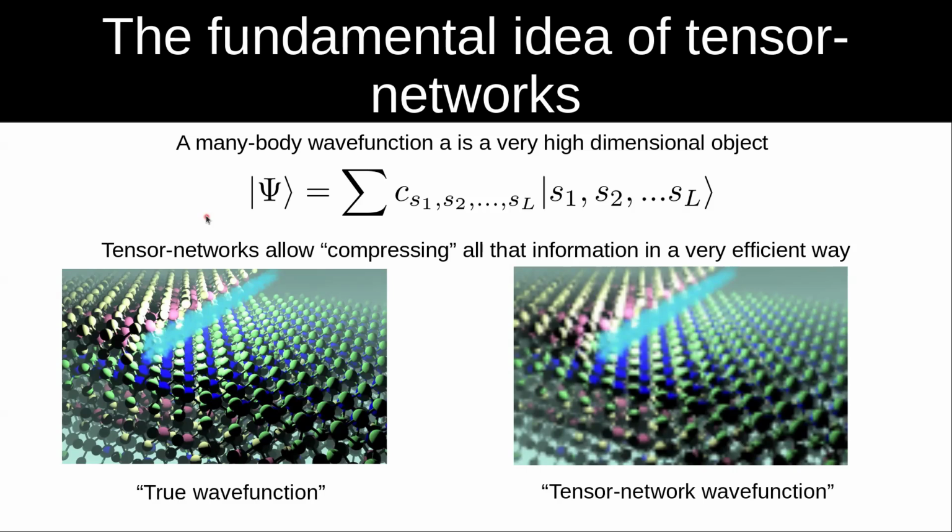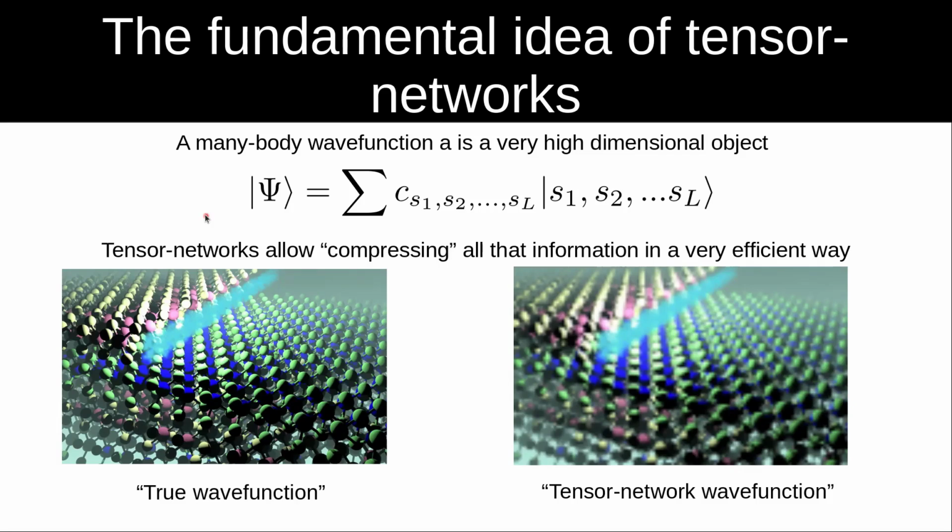The most important point to remember from today is that the actual challenge in many-body Hamiltonians is to store the wave function. We don't have enough memory resources to store the many-body wave function. And the two methodologies that we are going to focus on today, tensor networks and neural network quantum states, tackle this challenge.